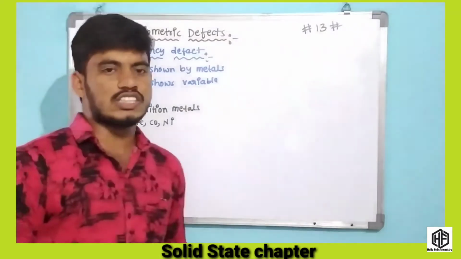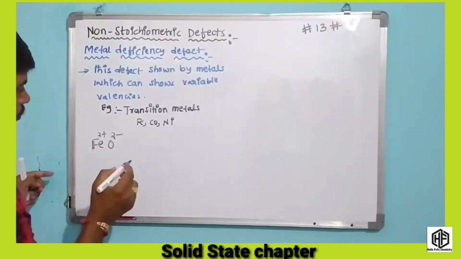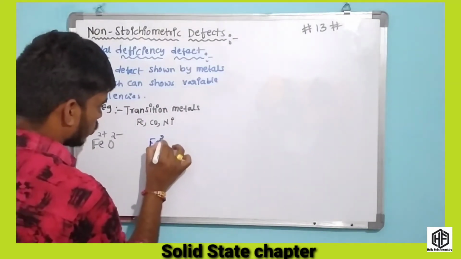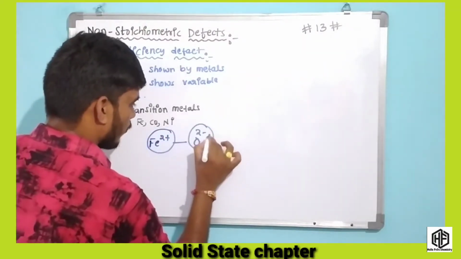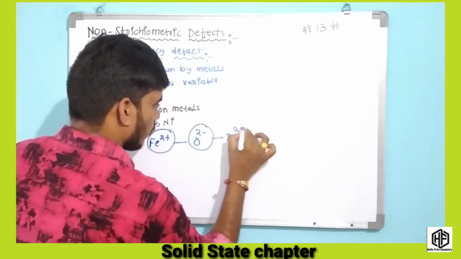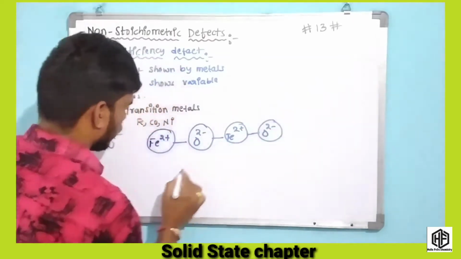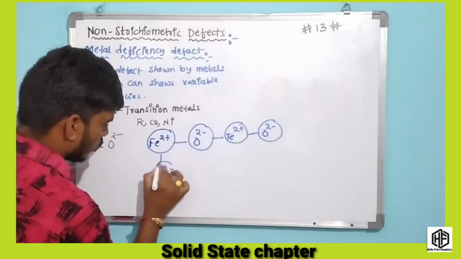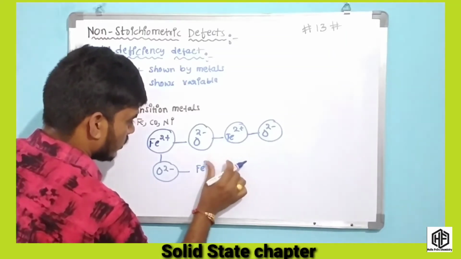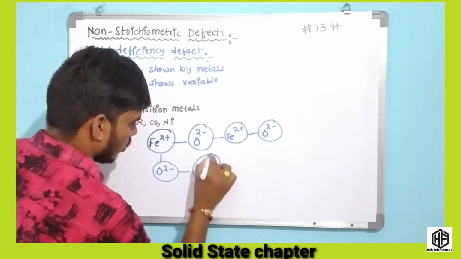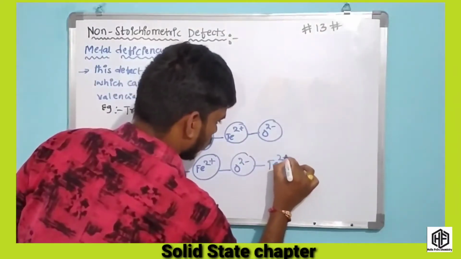Now, what is the crystal structure of this ferrous oxide? Friends, ferrous oxide has Fe 2+ and O 2- ions alternating: Fe 2+, O 2-, Fe 2+, O 2-.